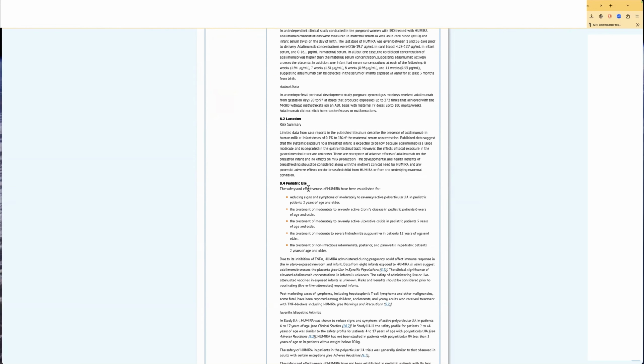But in this case of Humira, since it must be injected, we cannot have a risk that an infant has used the product. So what happens is that when the product shows its efficacy and safety, it will be tested, of course, in the pediatric population.